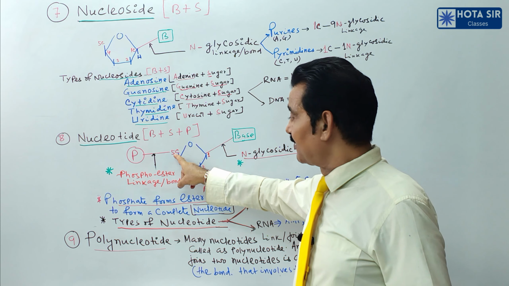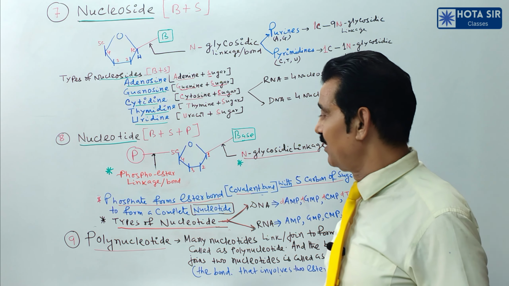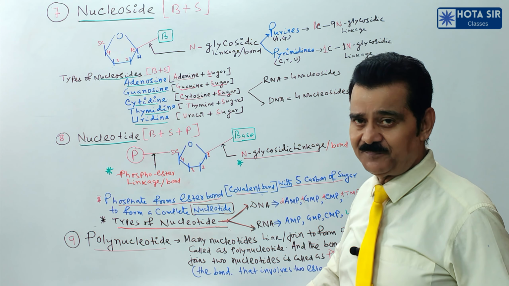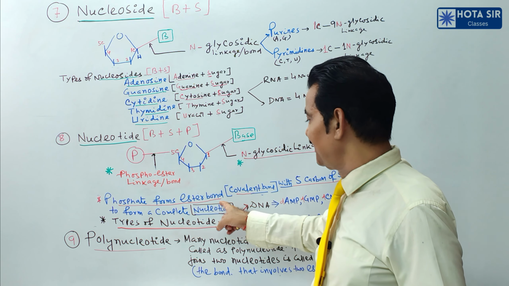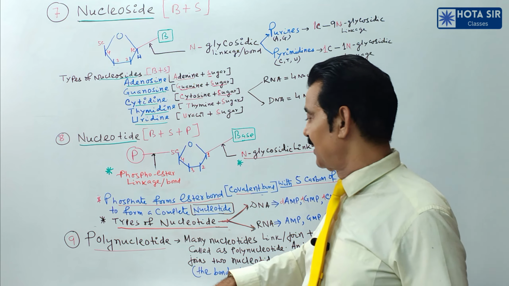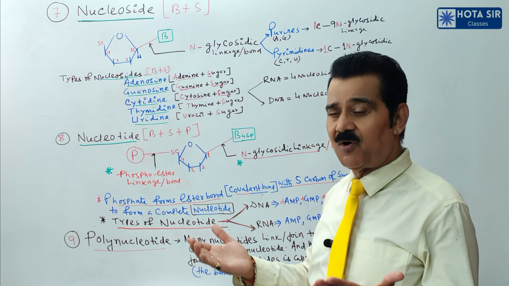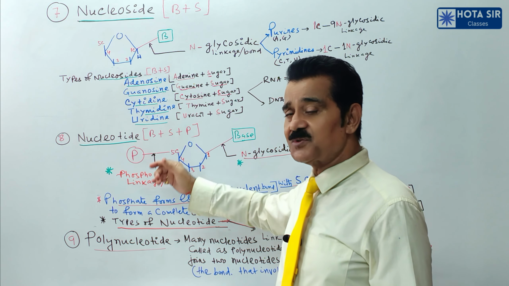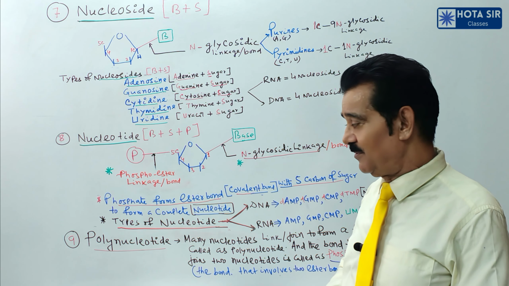After that, at 5 carbon, phosphate is attached and the bond is called phosphoester bond or phosphoester linkage. Clear? Phosphate forms an ester bond, a covalent bond, with 5 carbon of the sugar to form a complete nucleotide. So the complete nucleotide is formed when base is attached to 1 carbon and phosphate is attached to the 5 carbon of the sugar molecule.